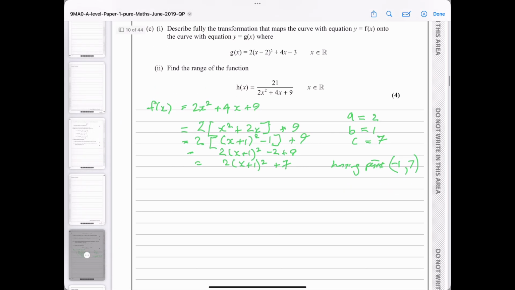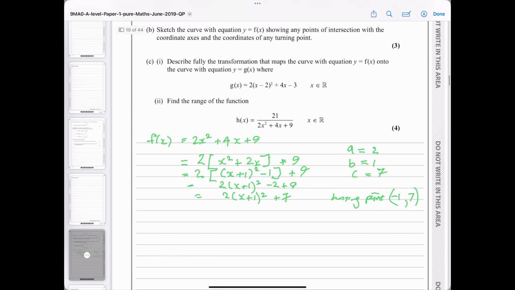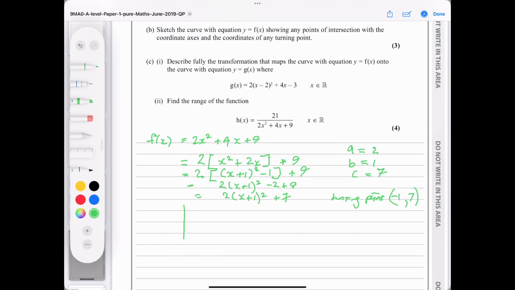So, if we do a little graph here, we know it goes through 9, and we know the turning point is minus 1, 7, which is not actually that far off there. So it would be about there. So minus 1, 7.